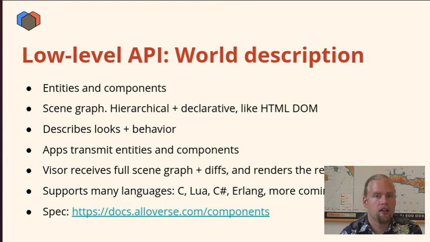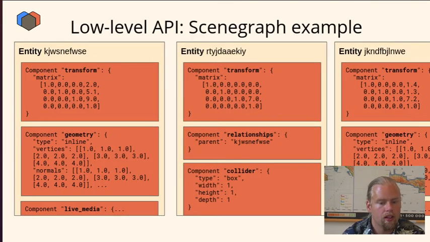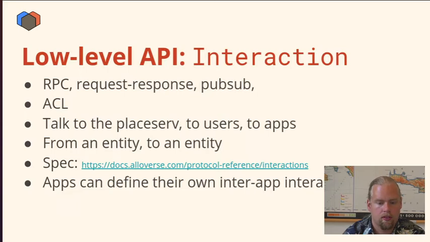And this is all documented on our website, docs.alloverse.com. It's got high-level documentation, low-level documentation, and protocol specifications, and all that stuff. So you can go check that out. Here's just a quick example of what that looks like: 3 entities with various components.